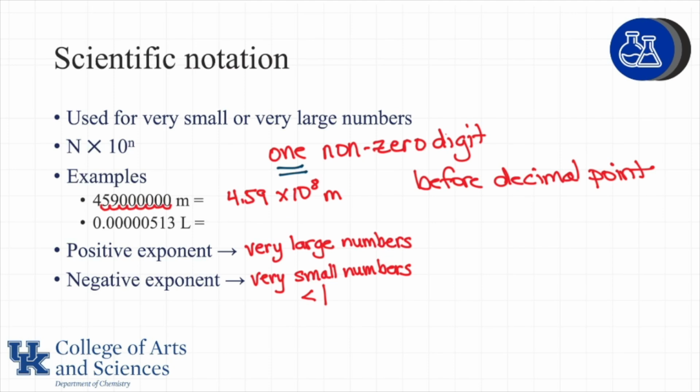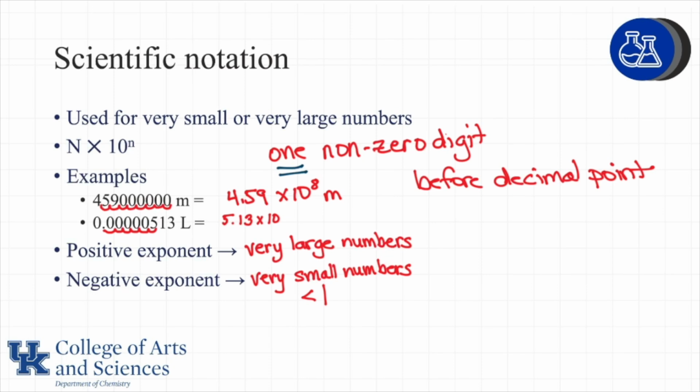Next, we'll look at an example of a small number. Therefore, it will have a negative exponent. So we have 5.13 times 10 to the, and we've got to figure out what that exponent is. Same thing, I'm going to count over how many spots I'm moving my decimal place. So I get 1, 2, 3, 4, 5, 6.